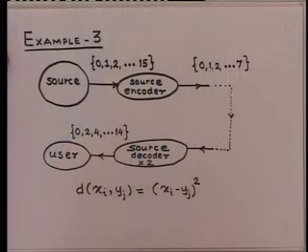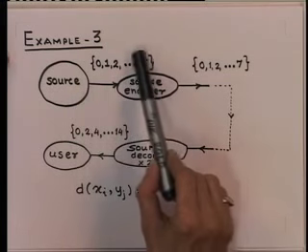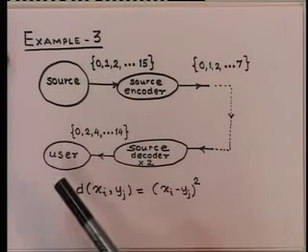So, we consider example 3, which is the same as example 1, where the source output consists of 4-bit words.